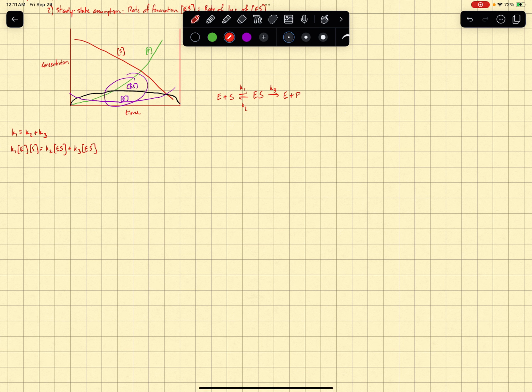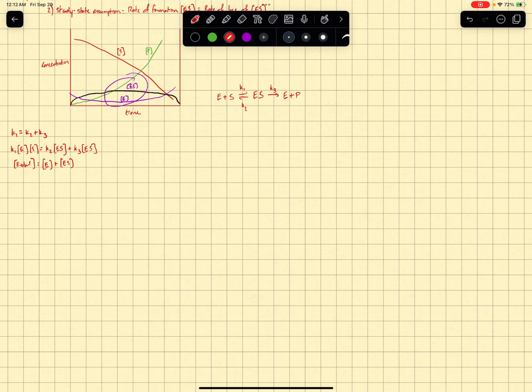Now we're going to make another assumption here. We're going to say that the total enzyme, E total, is equal to the free enzyme plus whatever is in the ES complex. That should make sense, because the total enzyme we have is the free enzyme plus whatever enzyme is actually doing something.